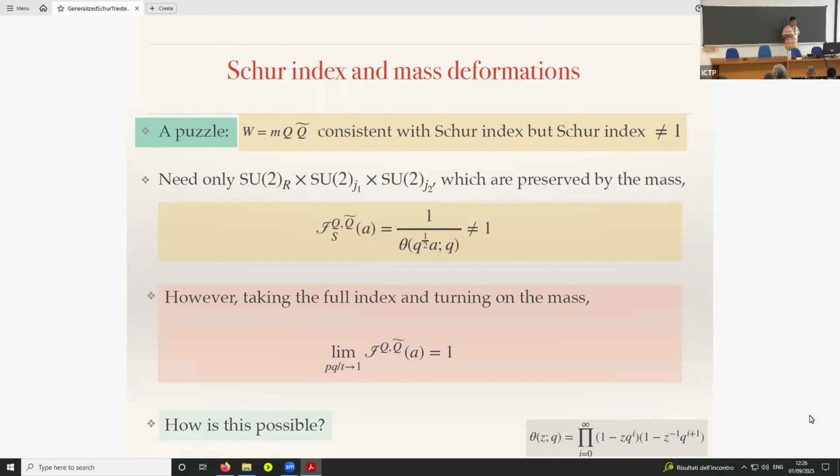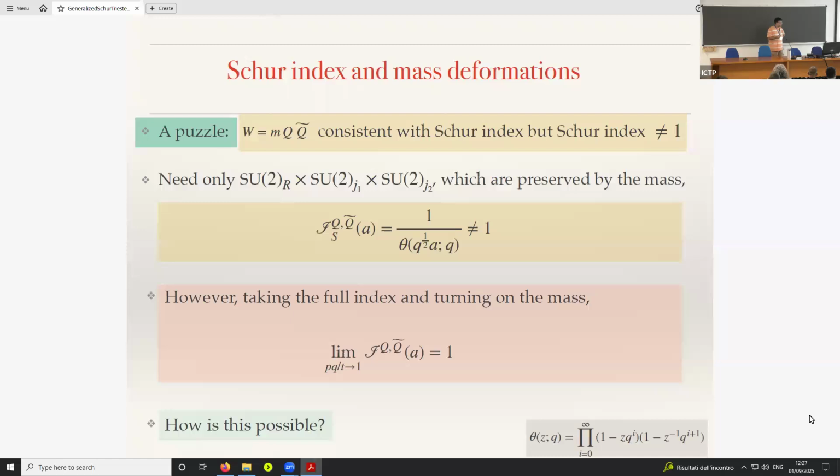So in particular, it is consistent with setting p equals to 1. But doing these two things together is the same as setting qp over t equals to 1, and maybe something else. And in this case, the index is not trivial. Okay, it's some non-trivial function. It's some theta function. It doesn't trivialize.